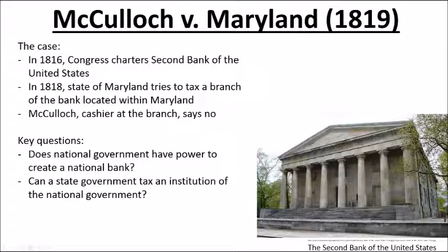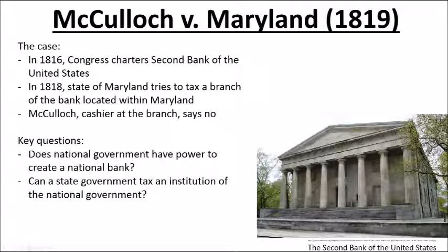It was also meant to help regulate the banking system in general, to make sure banks weren't loaning out too much money or doing other practices that could pretty much crash our economy. We do have a central banking system today, the Federal Reserve System. This is kind of the foundation of that in the early years.